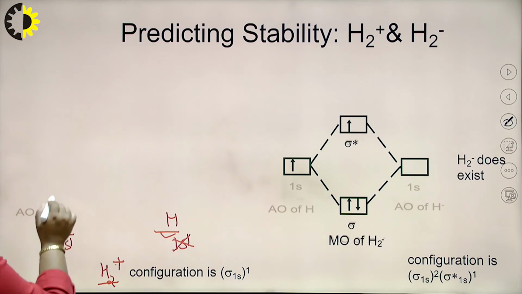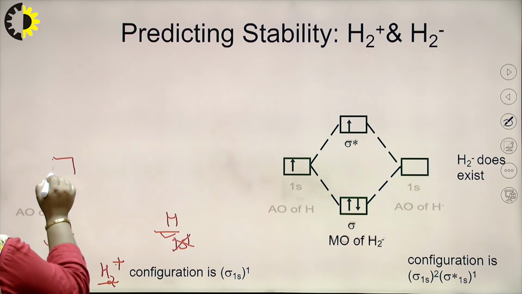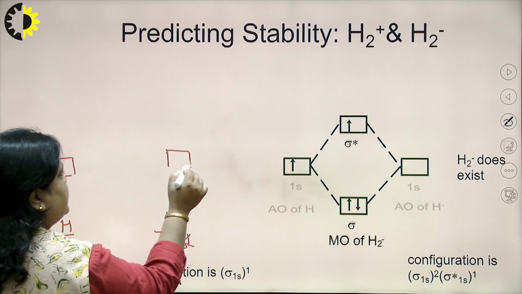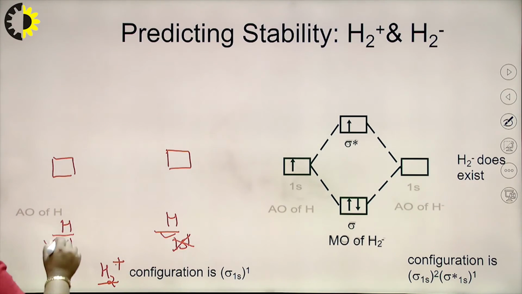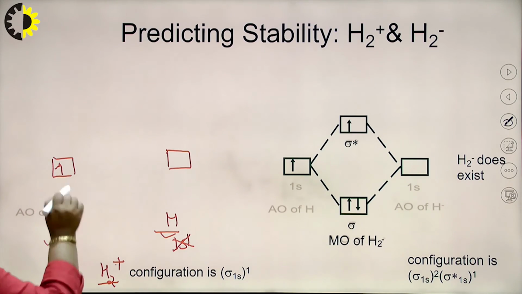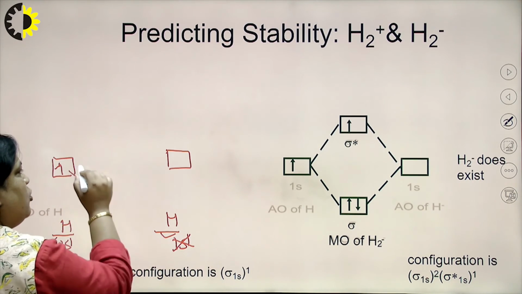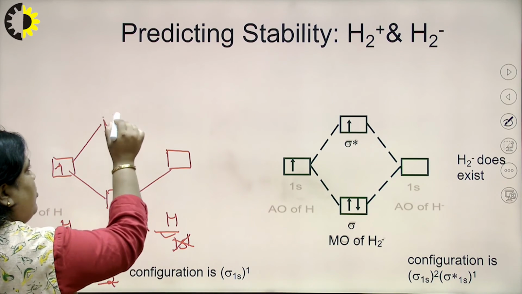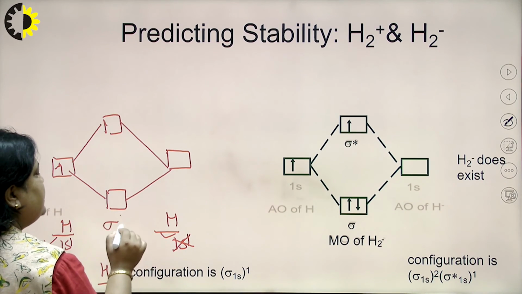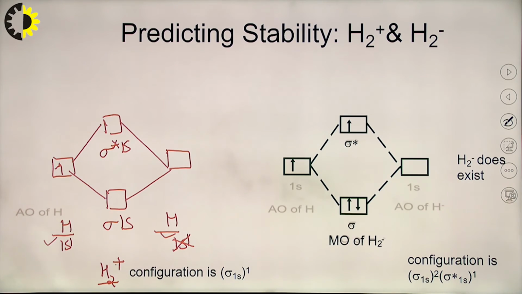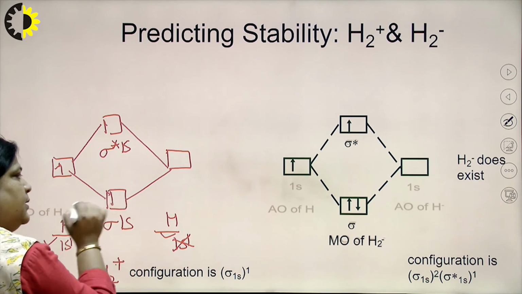So, there is only one electron, and since both atoms are the same, the energy level will be the same, and this one is empty. Two atomic orbitals will combine to form two molecular orbitals, one is sigma 1s and the second is sigma star 1s. But we have to fill only one electron, so one electron will be here.